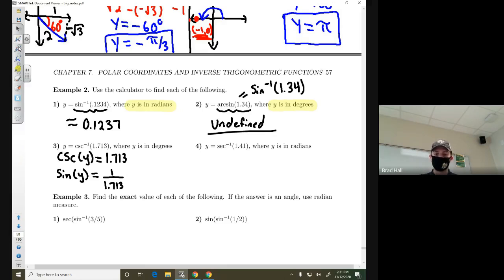So you get 1 divided by 1.713. And then from there, we can apply the inverse on both sides. But the inverse is going to be sine inverse. Now y is equal to sine inverse of 1 divided by 1.713. And that is what you put in your calculator.